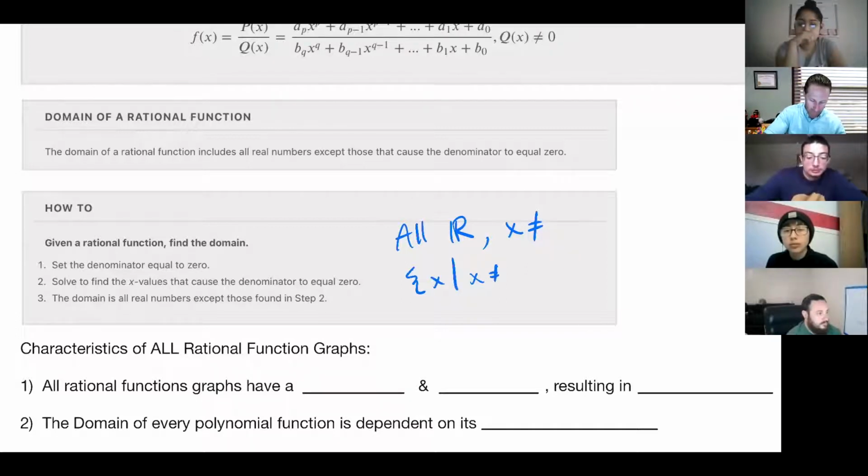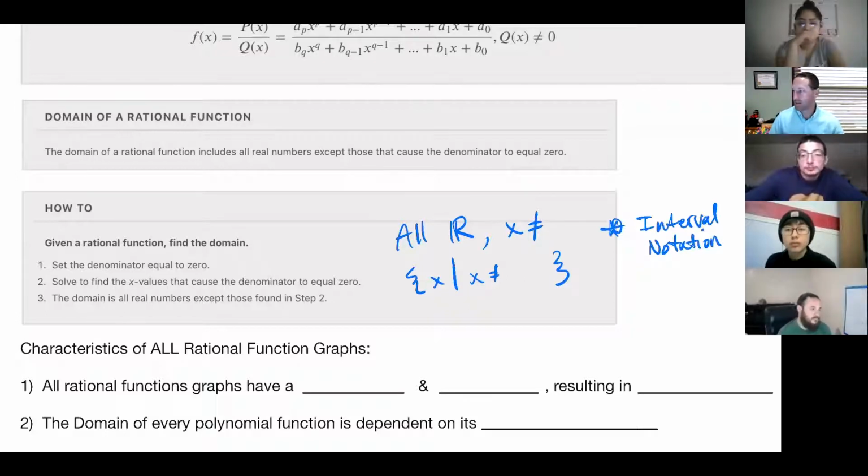Or that looks like a 3, sorry. It's supposed to be a curly brace. And then there's also the interval notation, which is the one that we will most commonly use, where you're going to literally just tell me the interval, the section of numbers that it can be. Okay?